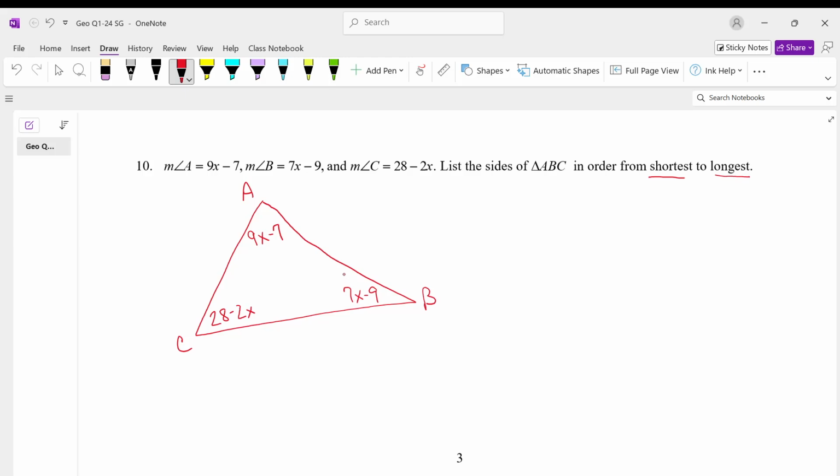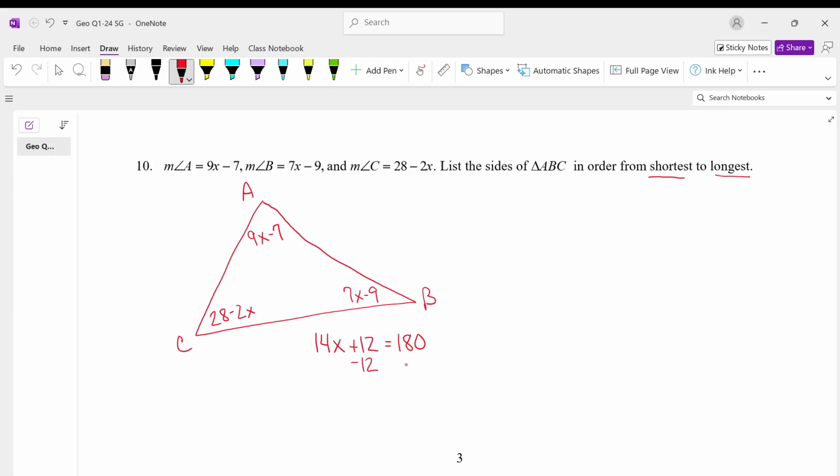So we've got a 7x plus a 9x, which is 16x, minus 2x. So we got 14x. We got 28 minus 7 is 21, minus 9, and that's 12. So we got 14x plus 12 that has to equal 180. The sum of the three angles is 180.